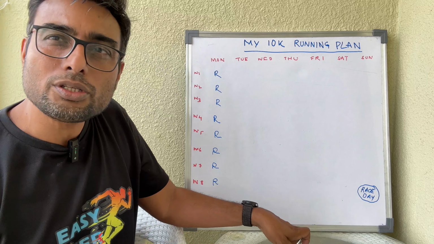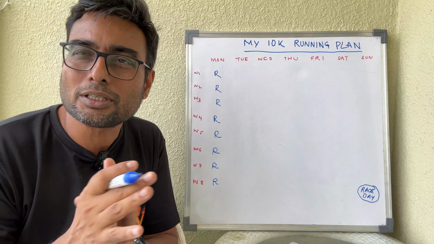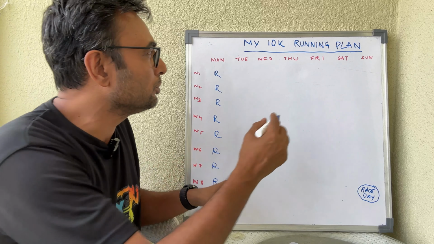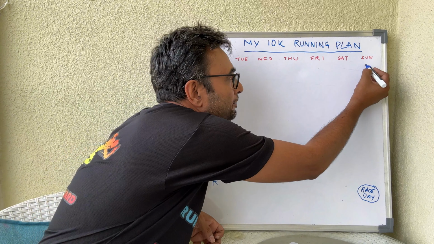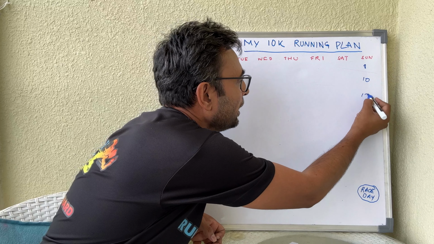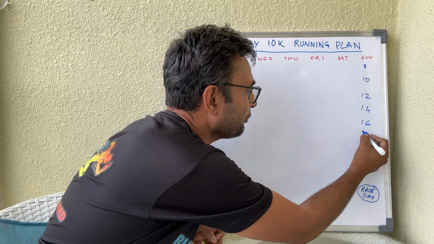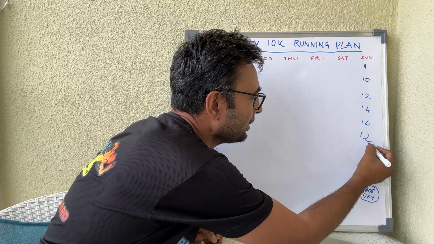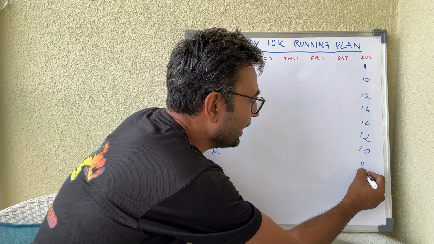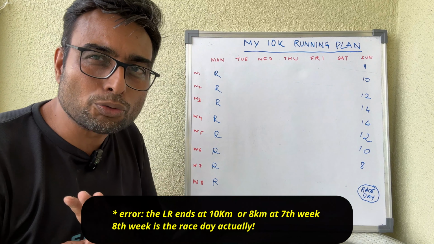For a 10K, I would suggest long runs from 8 to 16 kilometers, and then you taper down a bit. So let's say you start with 8, then 10, then 12, 14, 16, then you come down to 12, 10, and then 8, and the last week, that is your taper week, you do not do anything.